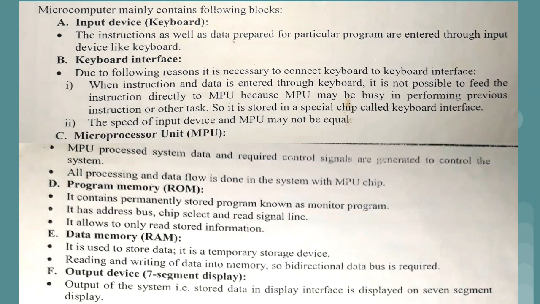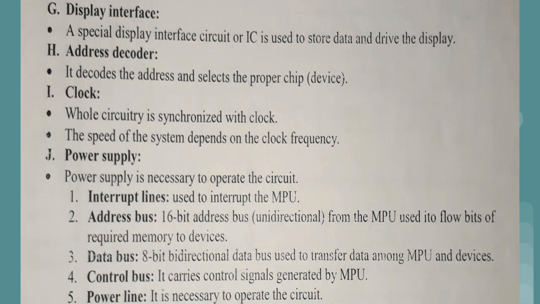The next component of the microcomputer system is the output device, that is nothing but the 7 segment display. When we execute an instruction, after the execution we get a certain type of output, and that output is displayed on the output device. Before the output device, we have one component, the display interface.